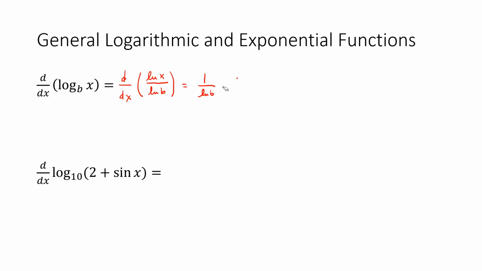So we're doing 1 over ln of b times the derivative of ln x. And we know the derivative of ln x, of course, is 1 over x. Okay, so I can write the derivative of log base b of x as 1 over x ln b.